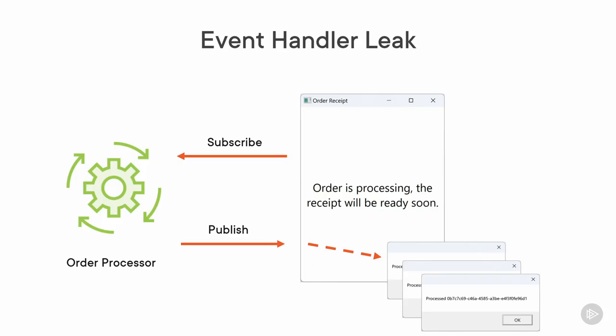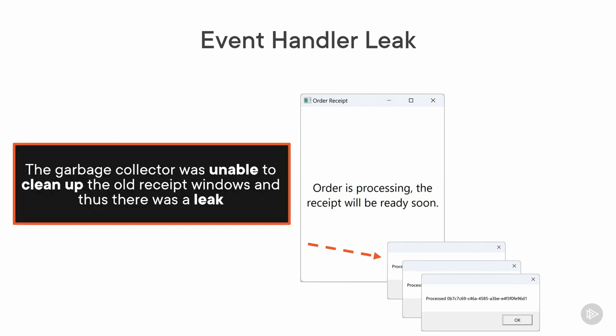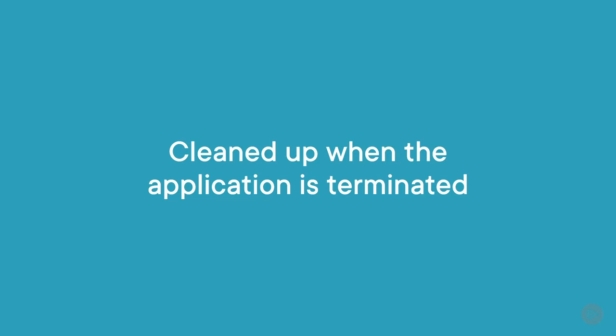We saw an example of this in the module on events. We need to make sure that the event handlers are always unsubscribed. Otherwise, the garbage collector will think that the object is still relevant and it won't clean up that resource. When you terminate the application, the memory will be freed as well.